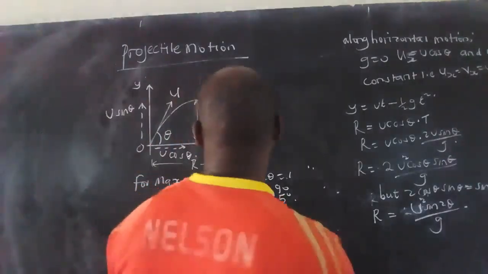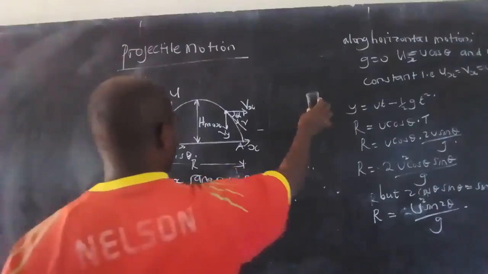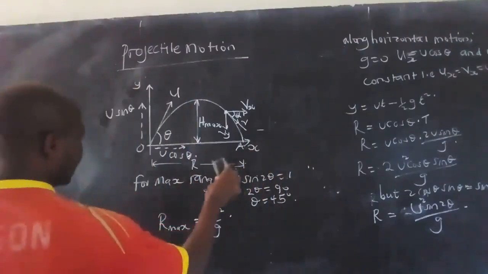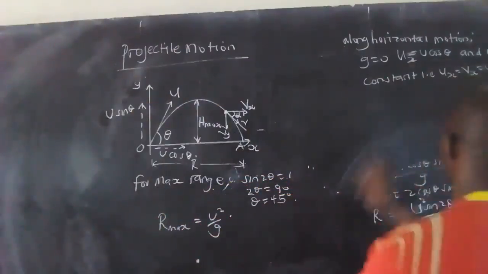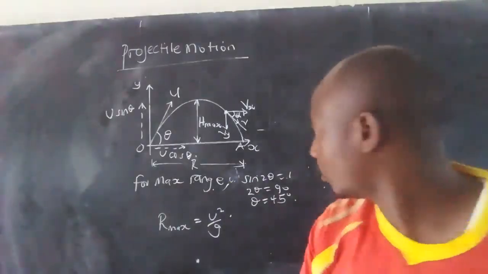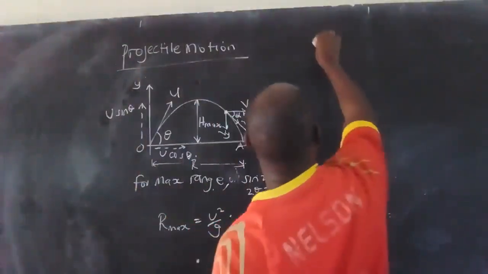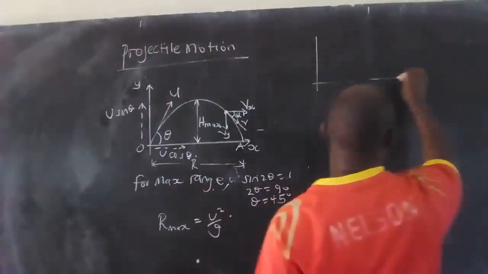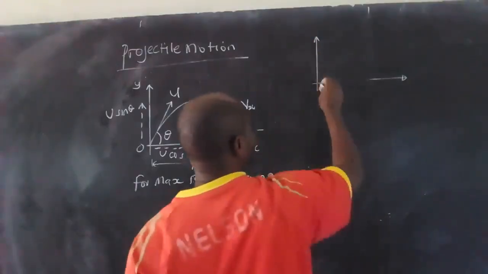Equation of trajectory. Let me remove this one. So we look at another sketch diagram, which is like this.